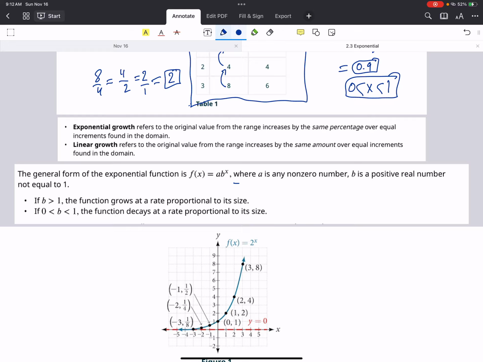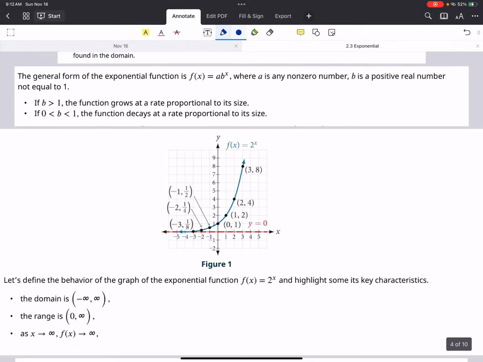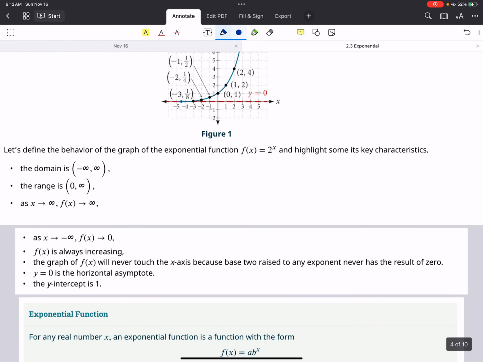They're mentioning that a is any non-zero number. But the thing is, if it's a negative number, then this wouldn't be the case. So that's why I explained it through graphing it at first. Understand the graphs, and that's what is important. If you understand the graph, I'm pretty sure you're going to be able to tackle any problem.